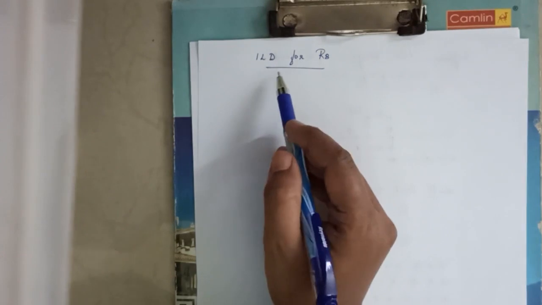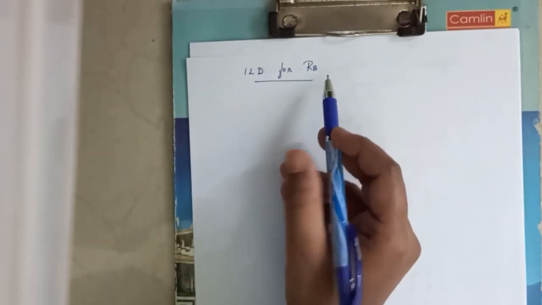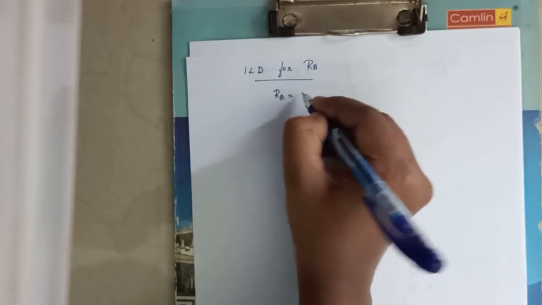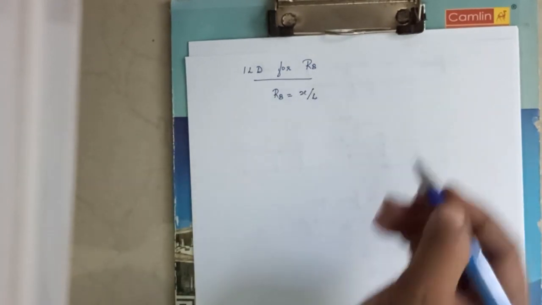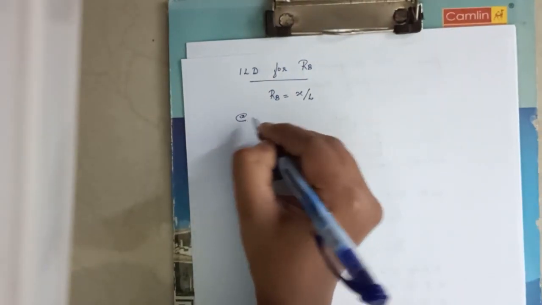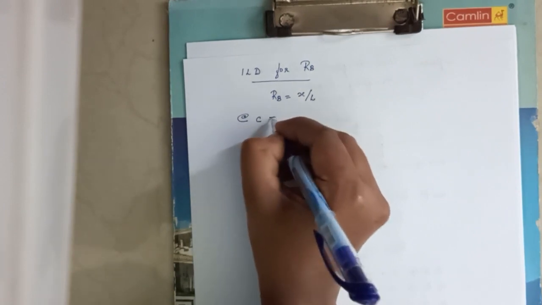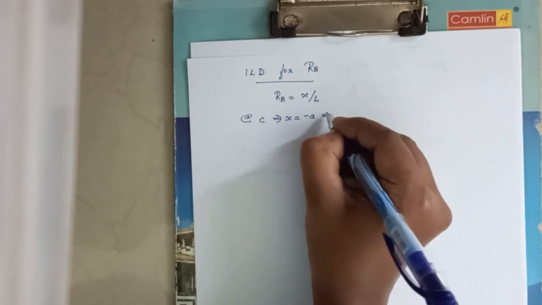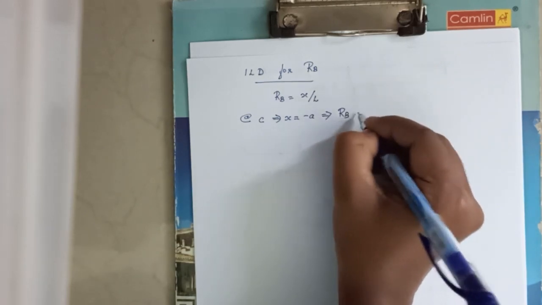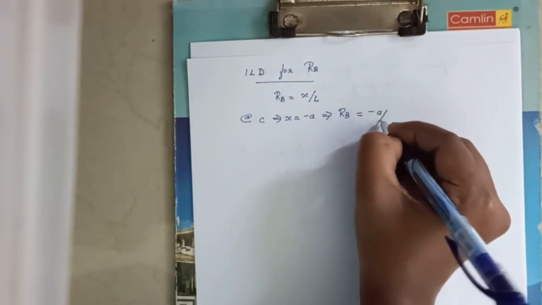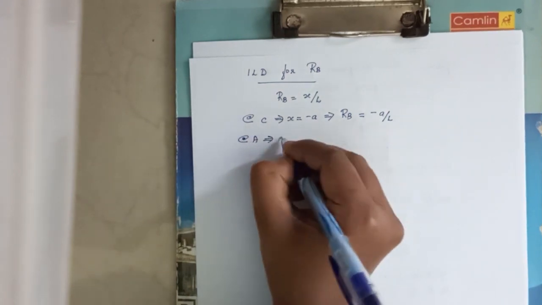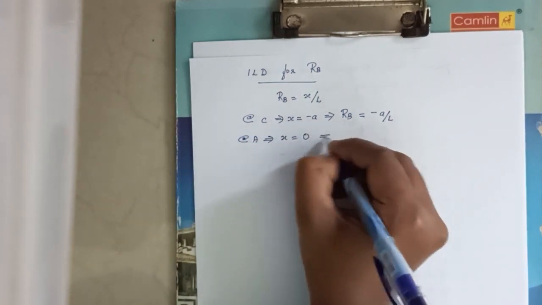Next is the influence line diagram for reaction at B. We know that RB is equal to x by L. At point C, x is equal to minus a. Therefore, RB value will be equal to minus a by L. At A, x is equal to 0.